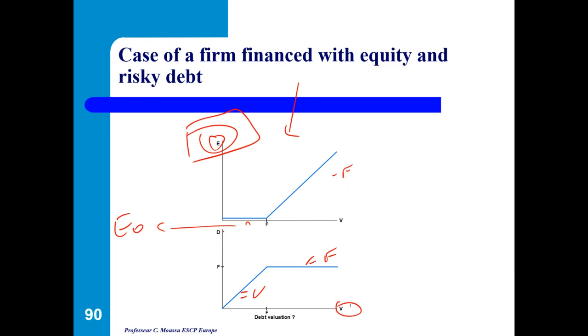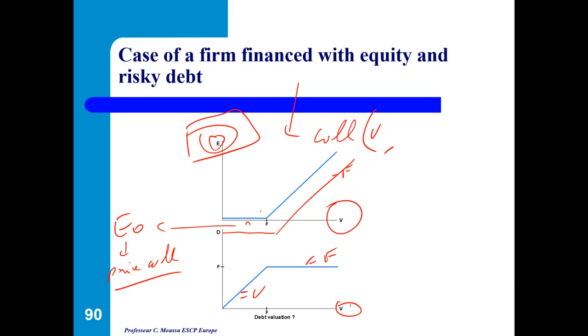So in fact, what you get is like a call, which means that what you pay at t equals 0 is the price of a call. The premium of an option is the price of the call. So when I am a shareholder, it is like I have a call on what? V. What is the strike? F. What's the maturity?